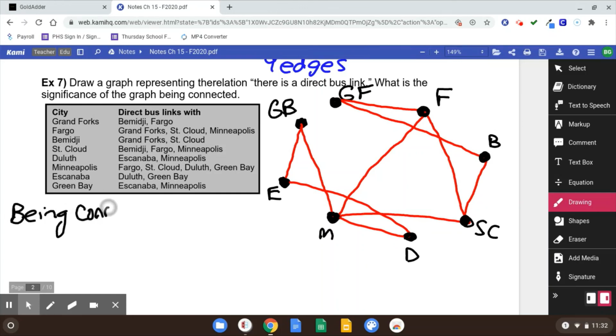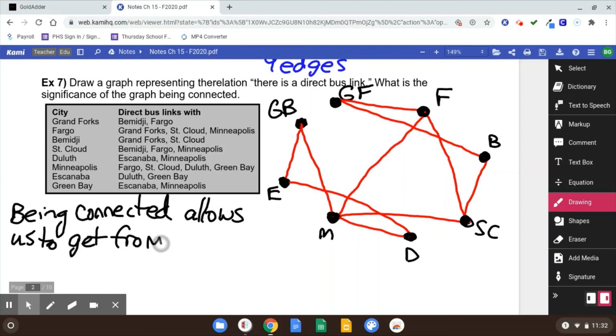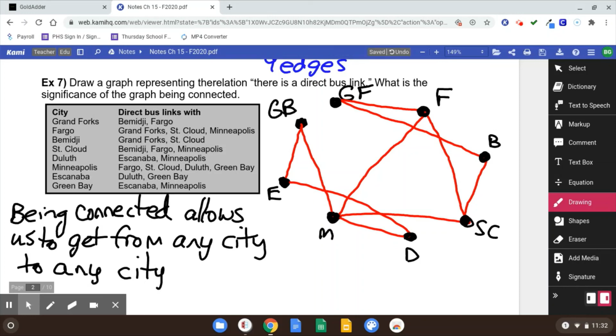Being connected allows us to get from any city to any city.